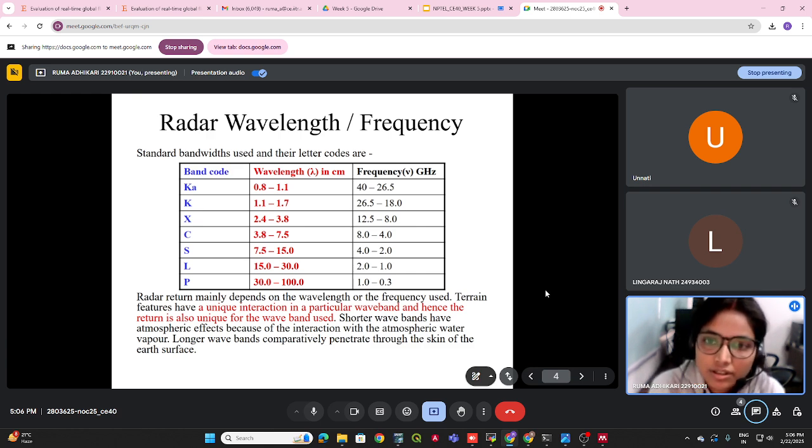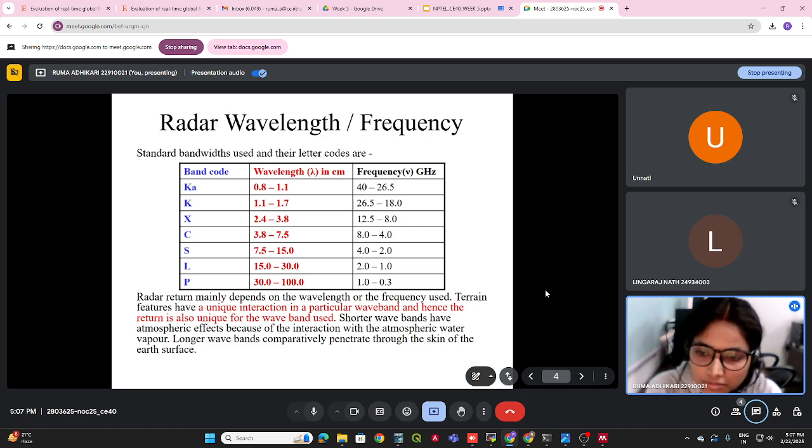We already know the set of radar wavelength bands, starting from the K band and ending at the P band, which band we normally use, and how they are coded with letters. Starting from the K band, which has the lowest wavelength in centimeters, as we go to higher wavelengths: K, X band, C band, S, L, and P band.